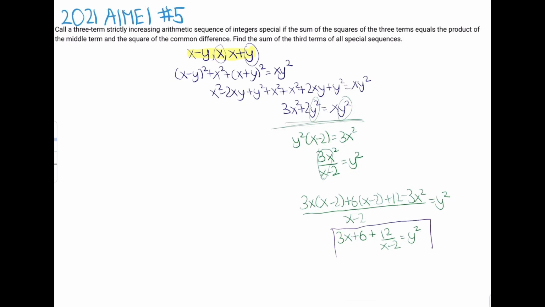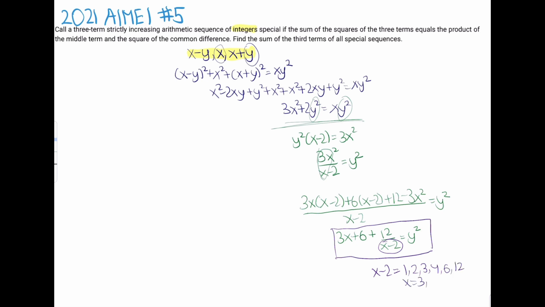Now, as you can see, this is what we're going to be using. It makes it a lot more clear. Now we have a limited amount of values that we can try out for x. Because x and y have to be integers, x minus 2 must be a divisor of 12, so it can be 1, 2, 3, 4, 6, or 12.